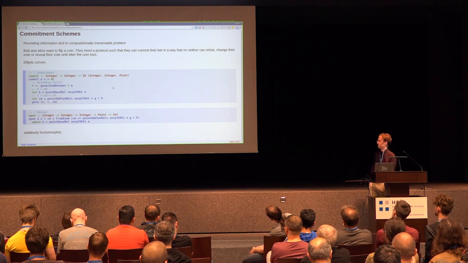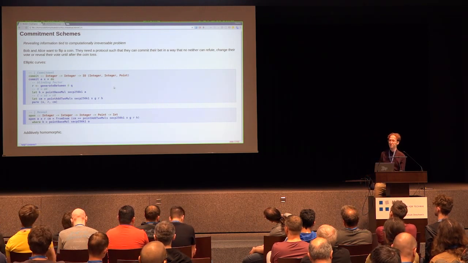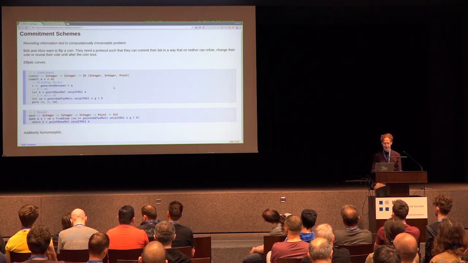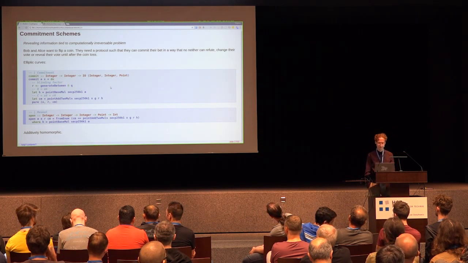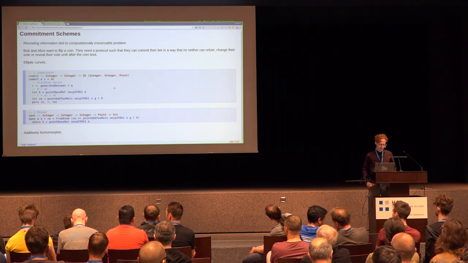These commitments are also additively homomorphic, meaning that if you have two commitments, you can combine them in a way such that the underlying plaintext can be added as cryptotext, which is quite useful for combining commitments into more complex commitments.